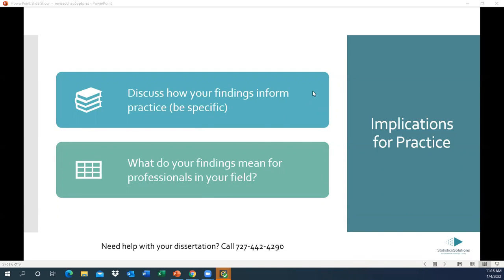It's for two areas: practice and research. So based on what you found, and this is just like it sounds, what are the implications for people at the level of practice for what they do? How can the information that you got inform what people do at the practical level?